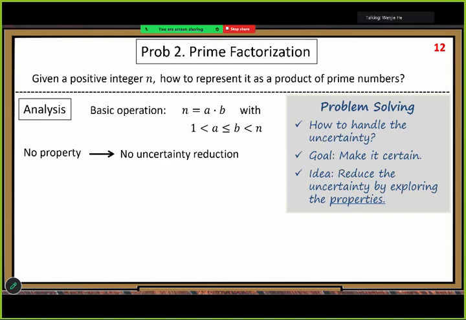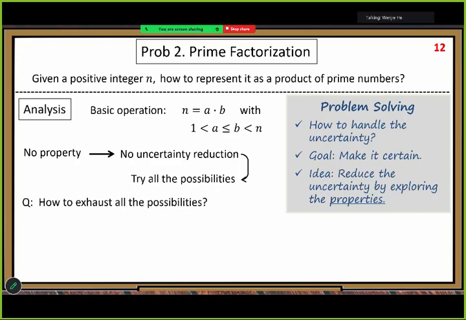Here I just repeat our view from the previous slide. How to exhaust all the possibilities? Because if you cannot discover any property, you need to exhaust all the possibilities.